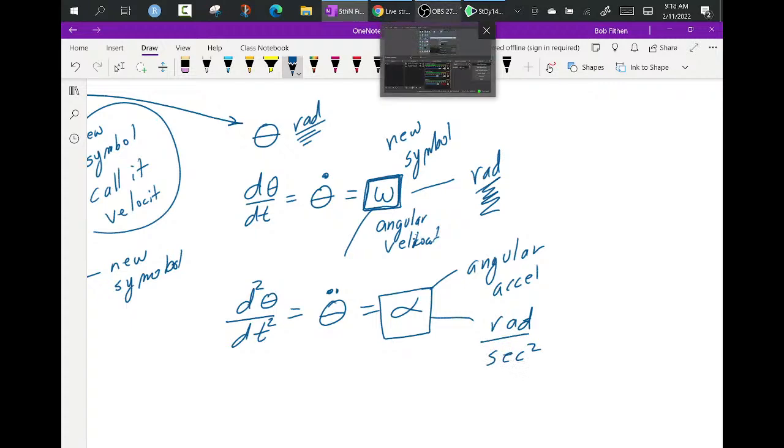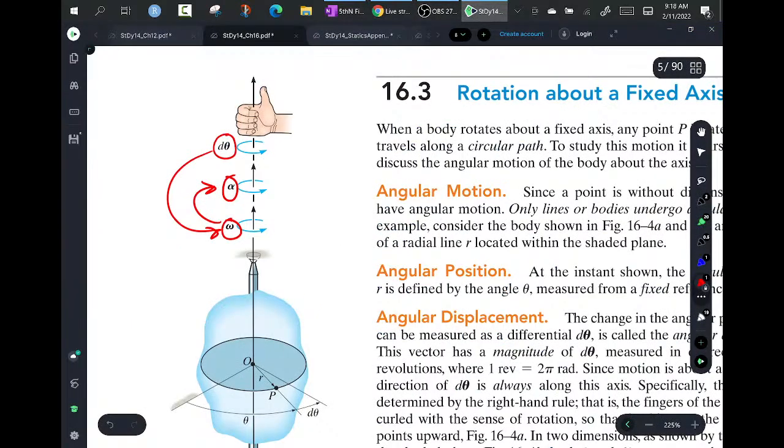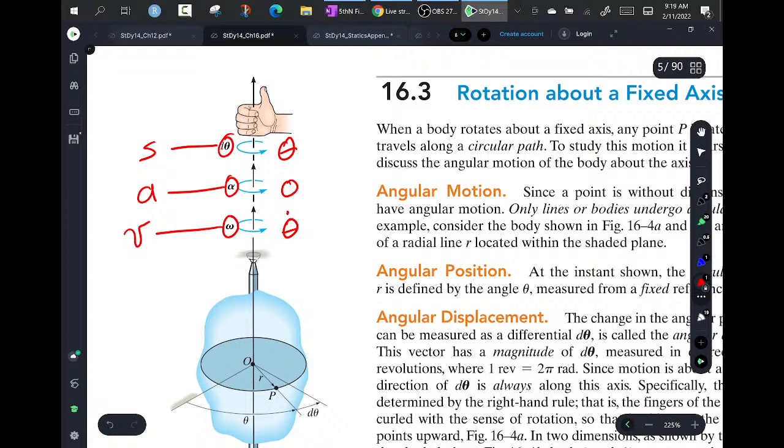So all he's doing here, when you see these new terms, just think to yourself, well, that was kind of like S. This is kind of like the acceleration, and this is kind of like the velocity. You're just replacing these terms. So you got a theta. In this case, he puts the theta dot here and the theta double dot here.